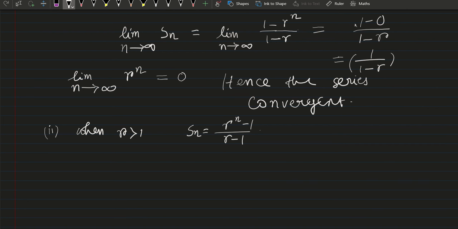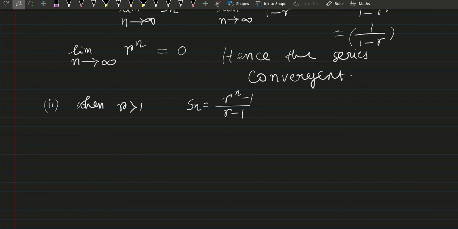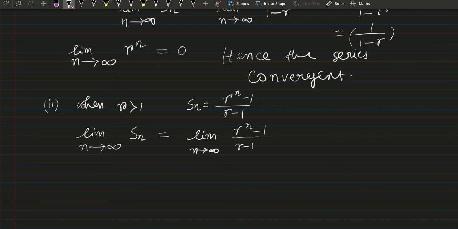So here we have to find the value of r to the power n when n tends to infinity. So limit n tends to infinity Sn. When n tends to infinity, we also take the limit n tends to infinity of (r to the power n minus 1) by (r minus 1).